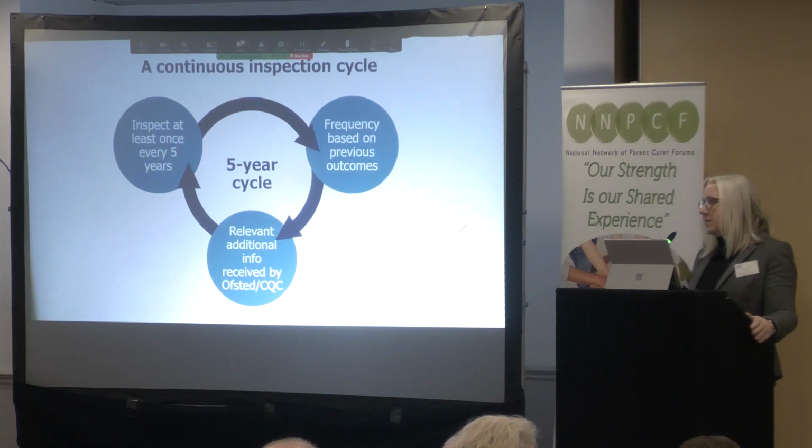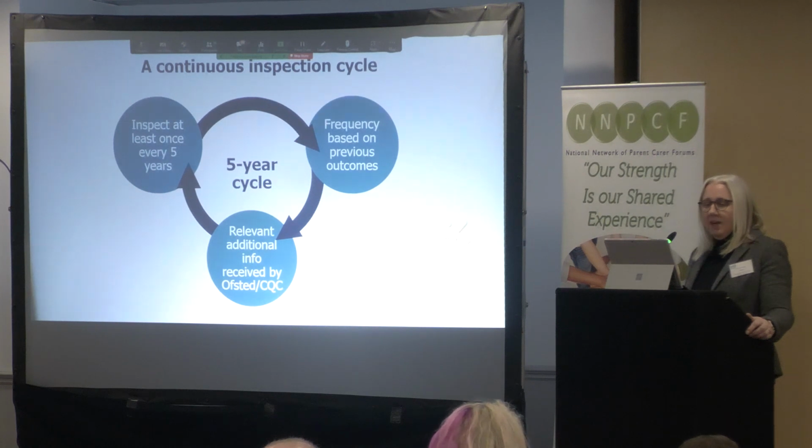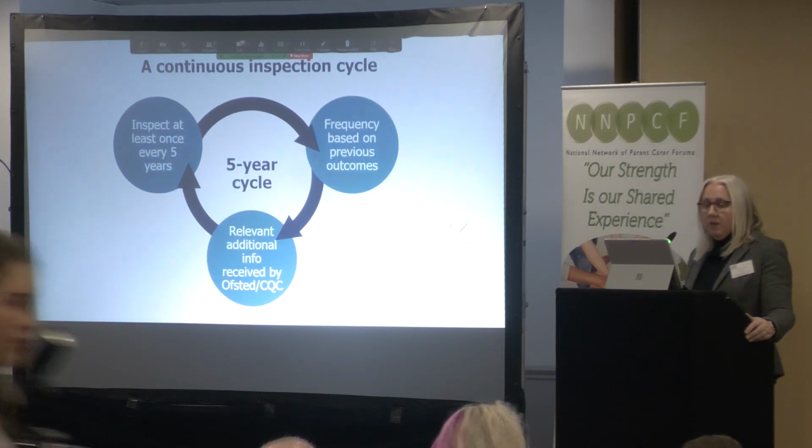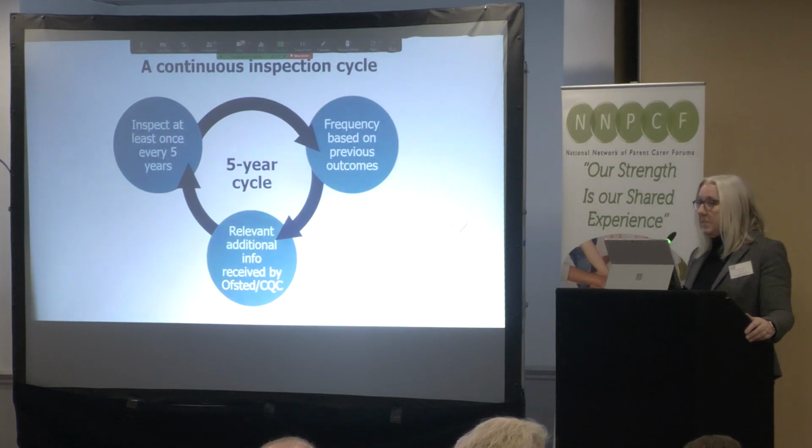The frequency and type of inspection will depend on a number of different factors, which would include the previous inspection outcomes, the time since they were last visited or inspected, and any information that we receive which may indicate that an inspection might need to take place sooner rather than later.